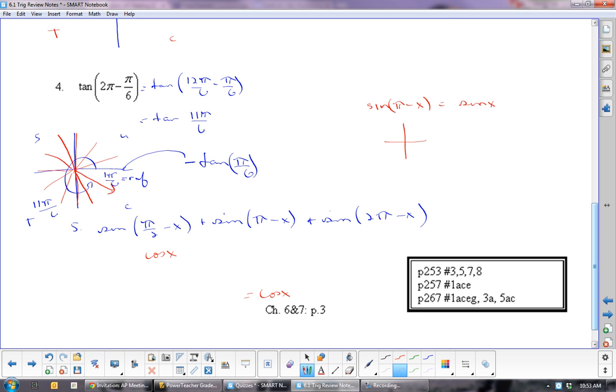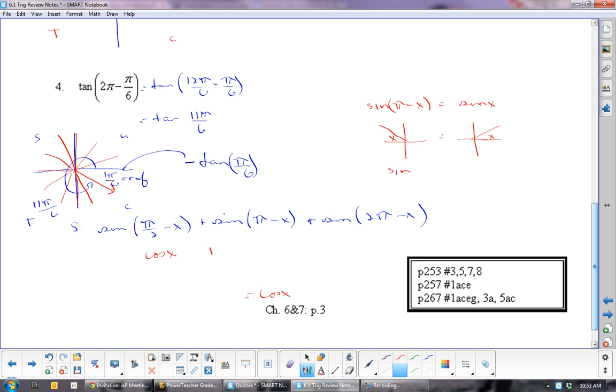They're saying that sine x, say this is x right here, is the same thing as pi, which is all the way around, minus x. They're trying to tell me that this would be the same as that. Now, if you think about it, the y values are identical there, aren't they? So that's where that identity comes from. These are all done by the unit circle, and I could show you how sine of 2 pi minus x equals negative sine x. So that's another identity on there.